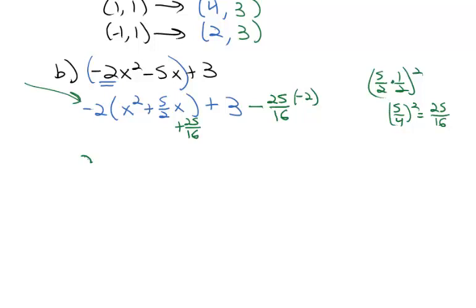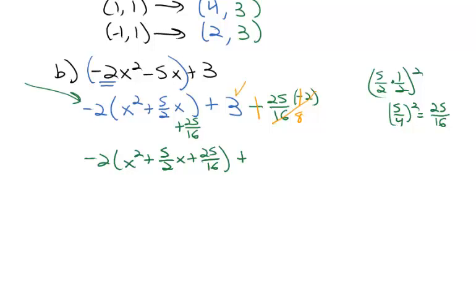So when we do that, we get negative 2 times x squared plus 5/2 x plus 25 over 16 plus, notice the negative times a negative makes a positive, and the 2 over 16 is going to make 8.